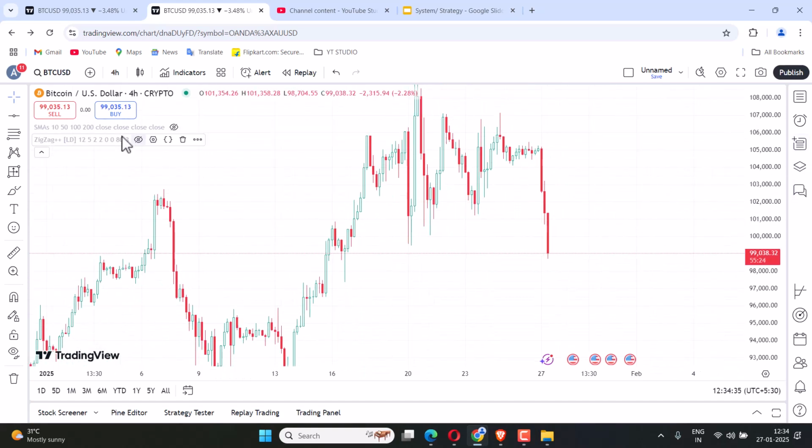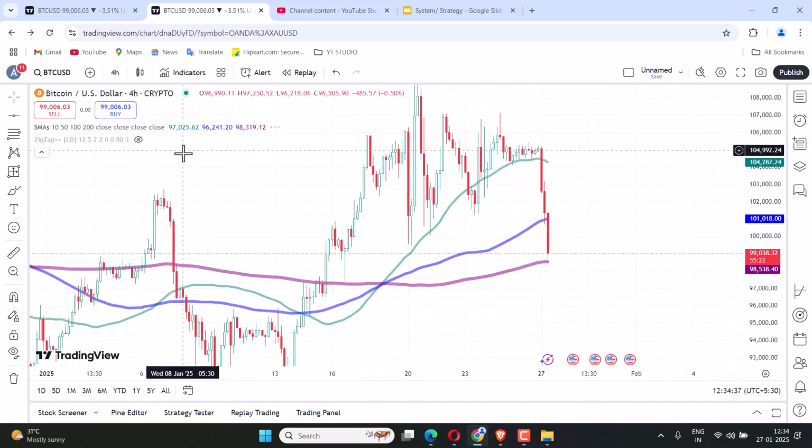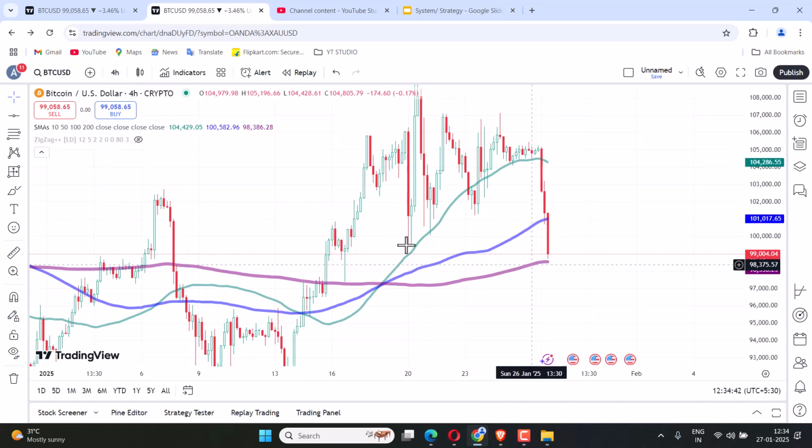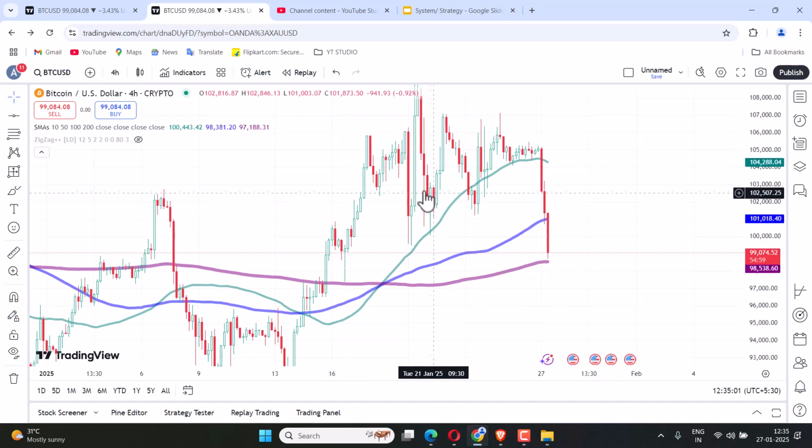For example, I use SMAs too for supply and demand zones. As we can see now in the 4 hour, we are at the 200 day moving average. Usually the price sees some pushback up when we hit the 200 day moving average. So this is one of the criteria I use to identify my supply and demand zone.